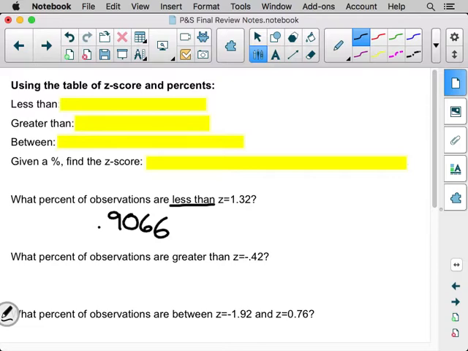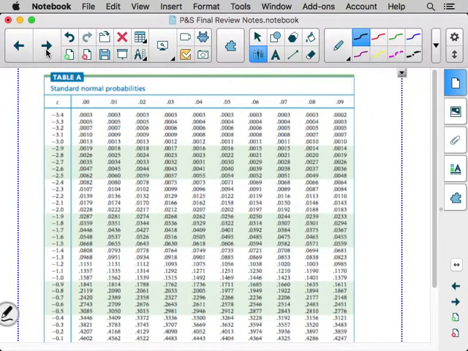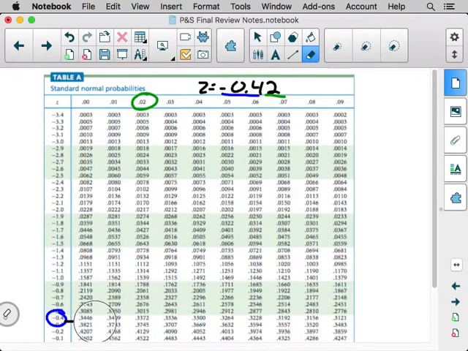Our next one, what percent of observations are greater than -0.42? So this time I need to go to the negative side. Again, this tells me to go down to the 0.4. This tells me to go over to the 2 and see where they meet.